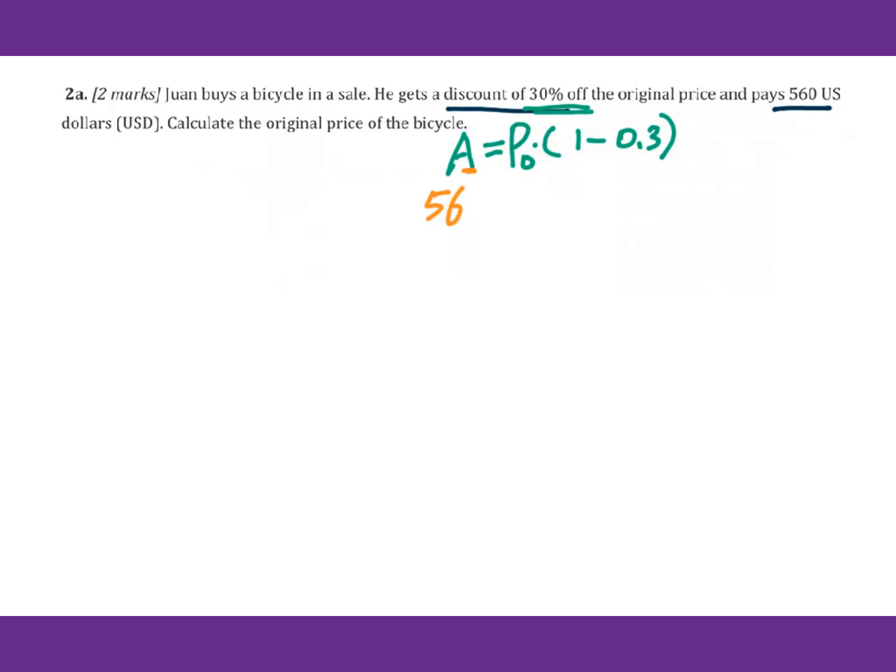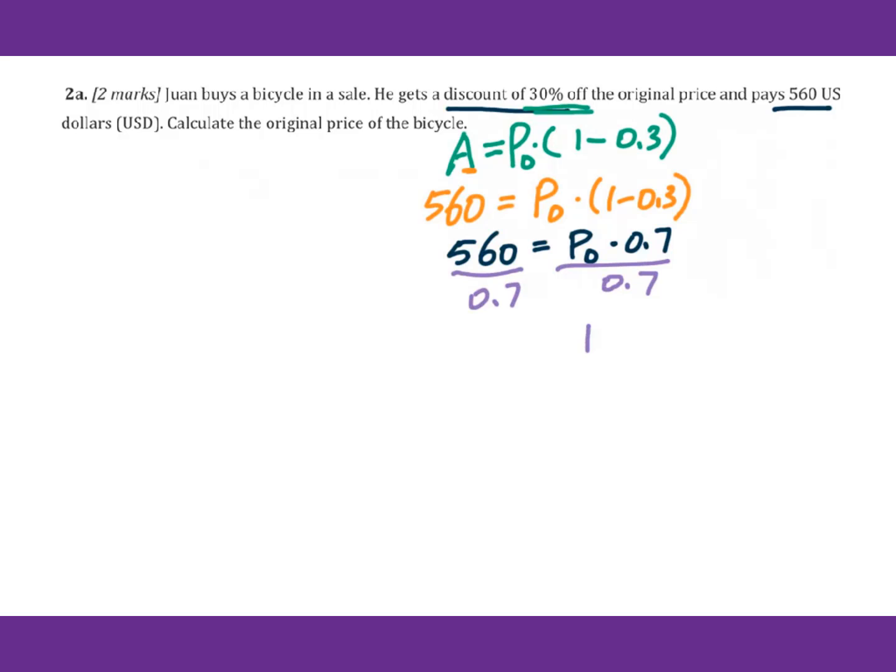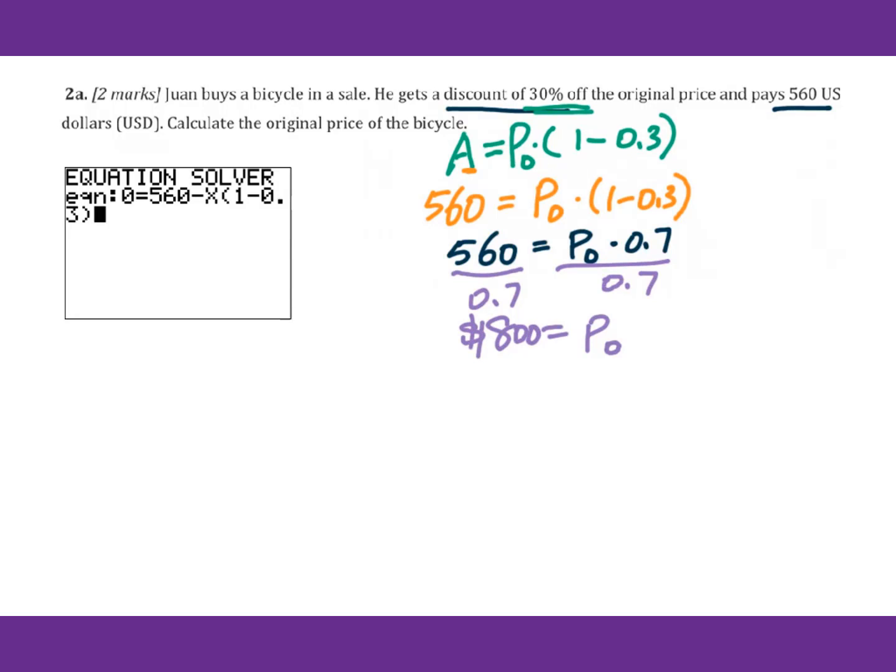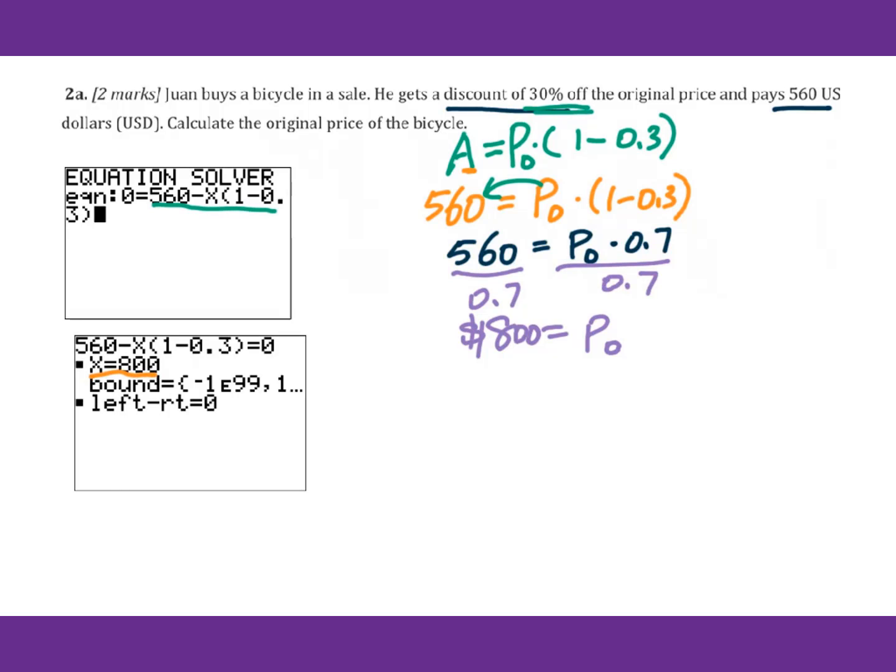So we get 550 equals P0 times 1 minus 0.3. You will get 550 equals P0 times 0.7. Then you divide both sides by 0.7. You will get P equals $800. You can still use the equation solver, get equals to 0. Still, your answer will be 800.